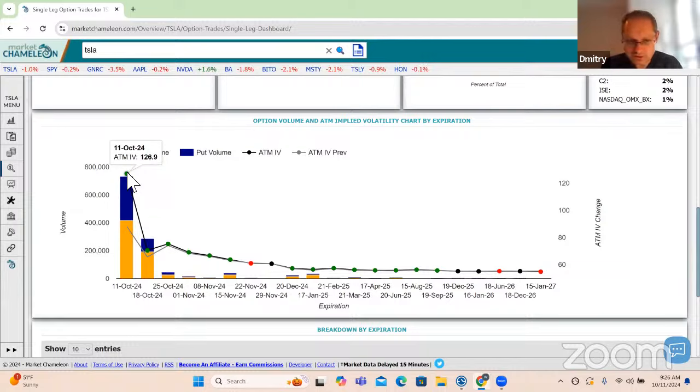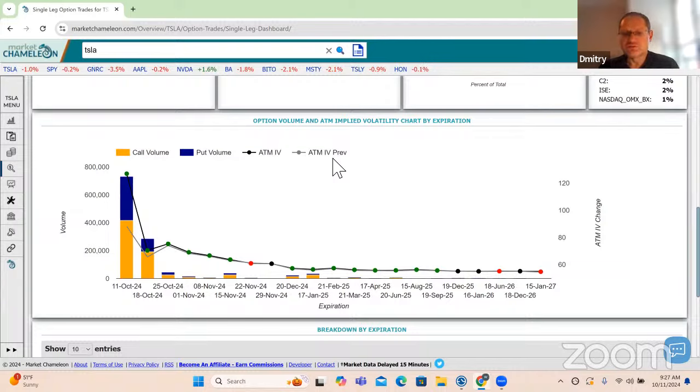So it's comparing what strike right now is at the money, and then what was that same option's implied volatility the day before? And then we could compare these two lines, and the green dot means that the new line is higher than the previous day. And if it's a red dot, it means that the new line is lower.